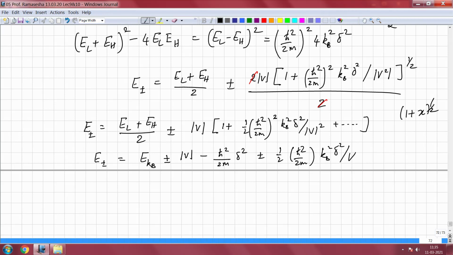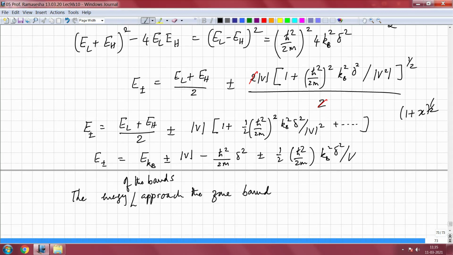What you are seeing is the following, that is the energy of the bands approaches the zone boundary quadratically.